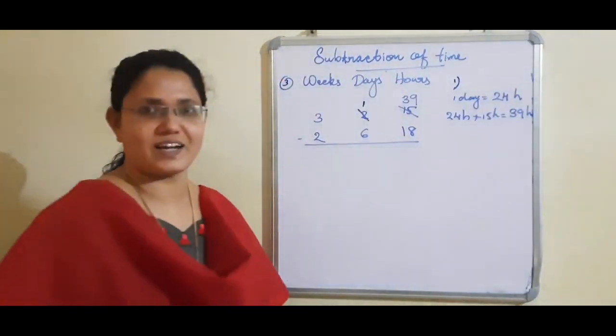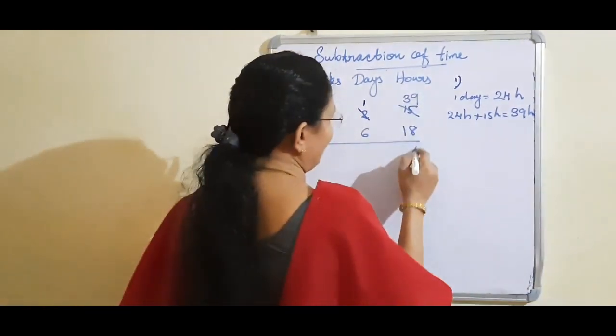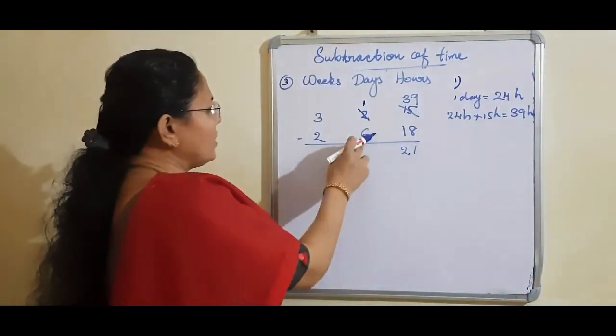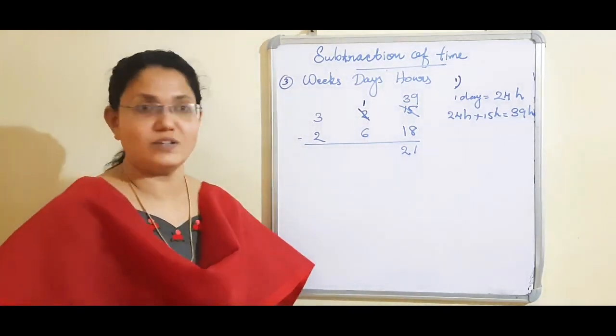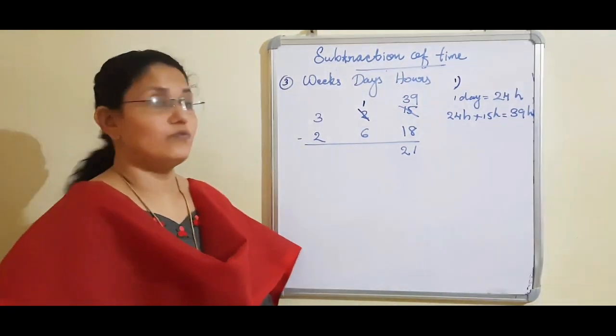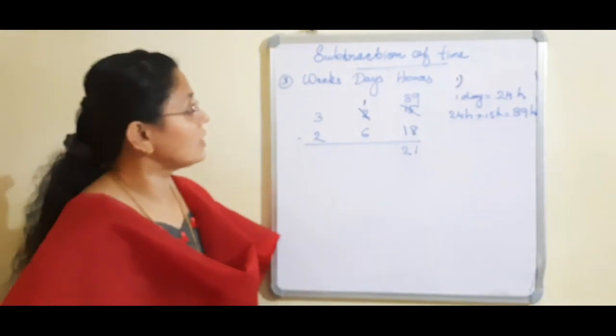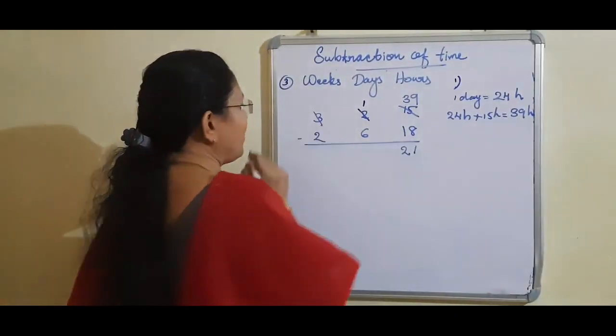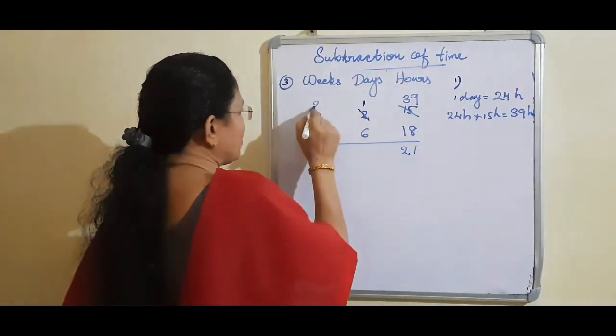Now we can subtract. Okay, 9 minus 8 is 1. 3 minus 1 is 2. 21 hours. Again, we cannot subtract 6 from 1. Then what we have to do? Yes, we should borrow from the next column weeks. When we borrow 1 week from 3 weeks, it remains as 2.